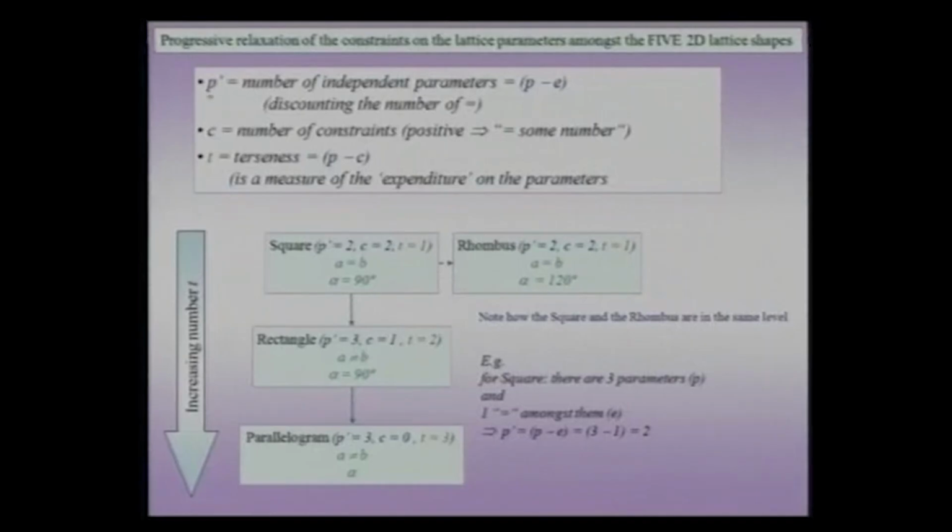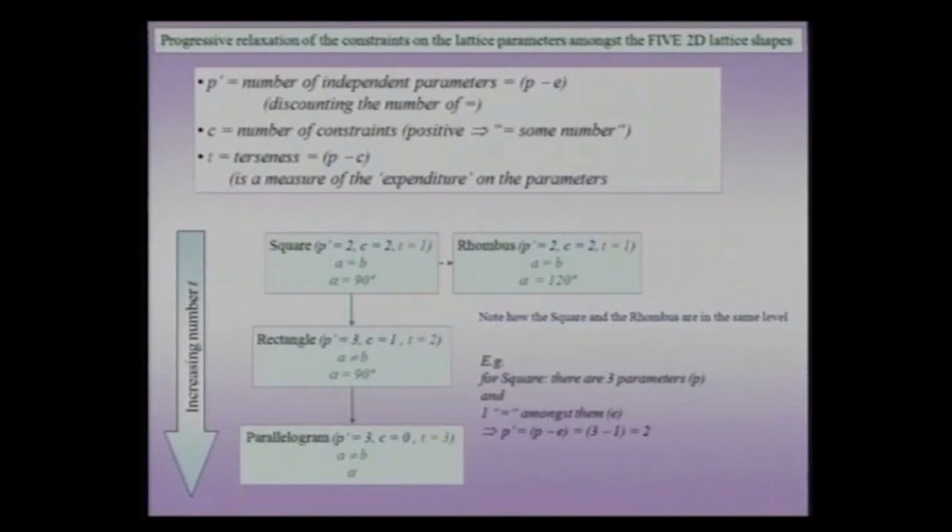We will define P prime, which tells you the number of independent parameters required, which is the number of parameters minus the number of equations which connect some of these parameters. In other words, if there are equal to signs anywhere among the parameters, that goes into the contribution. C will be the number of constraints, and if there is some positive constraint, then the number C will increase.